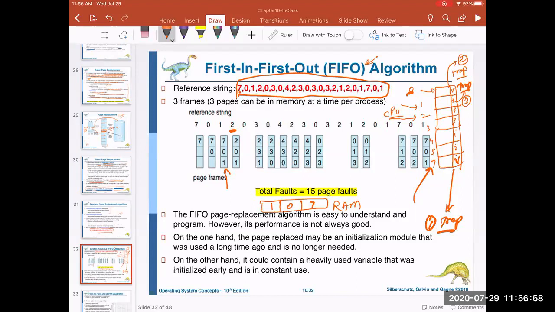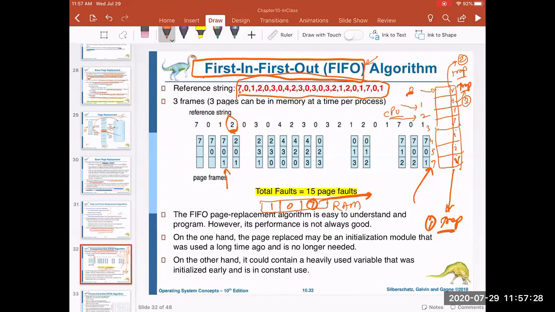Now which would be the victim? This algorithm is stating first in, first out. So the first frame that entered this particular queue would be the one which goes out. So you can see this is in the queue. So 7 is the victim that would go out and make space for 2.